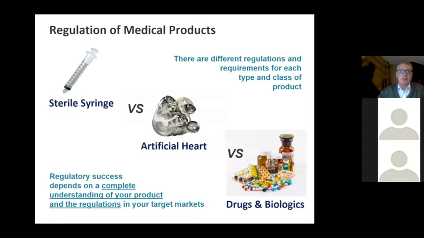They can range anywhere from a very mechanically simple sterile syringe to a mechanically highly complex artificial heart, as well as to the biochemically complex drugs and biologics that are available in the market today. Now, there are different regulations and requirements for each type of these products. And your regulatory success, in other words, your commercial success, is highly dependent on you having a complete understanding of your product and the regulations within your target markets.